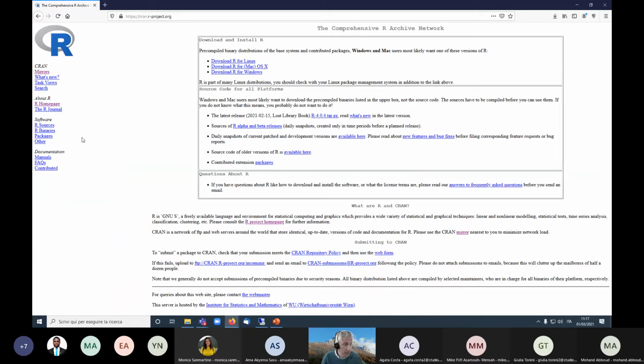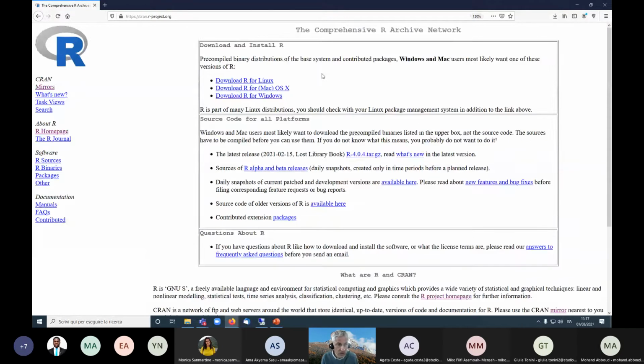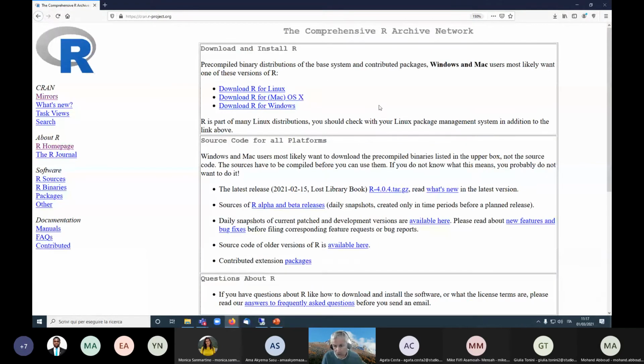And you get to this page, whatever link you clicked on. And so here you see the download for the 3 different operating systems, Linux, Mac, and Windows. Of course, you have to click on the operating system that you have. So I assume I have Windows, so I click on it. Okay.